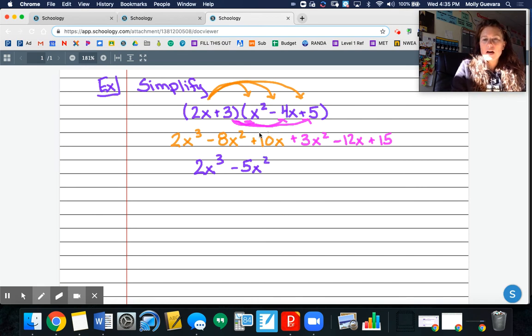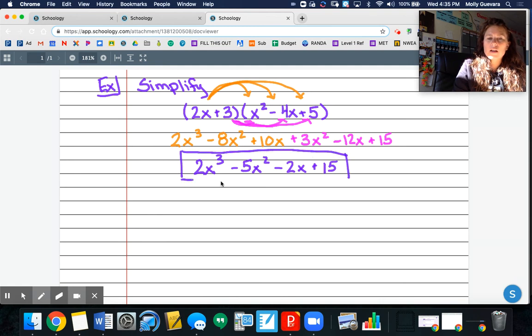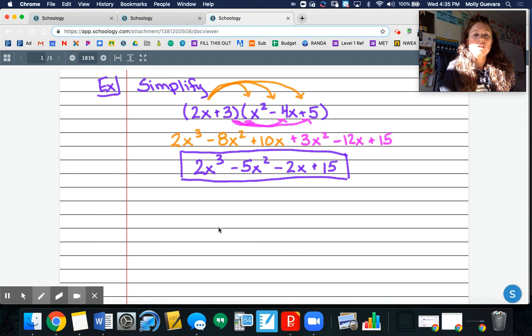Then I have a positive 10x and a negative 12x. So when I combine those, I get negative 2x. And then lastly, I get plus 15 because that can't combine with anything. And that's it.